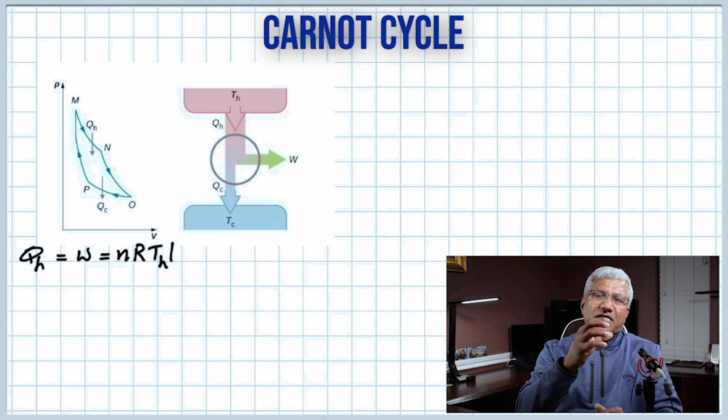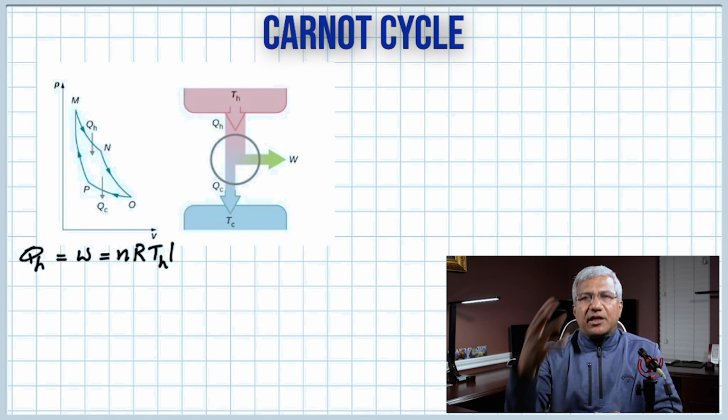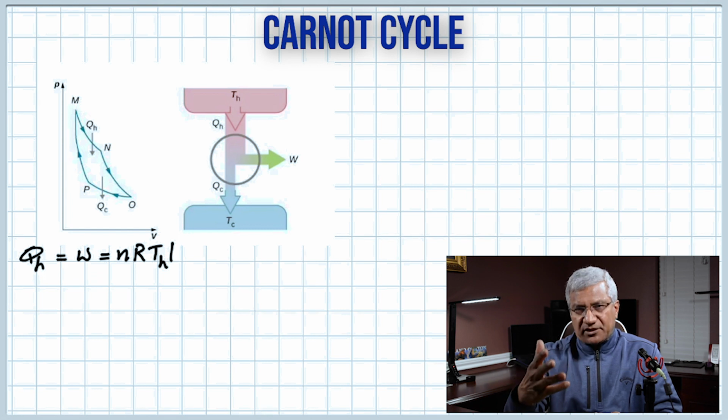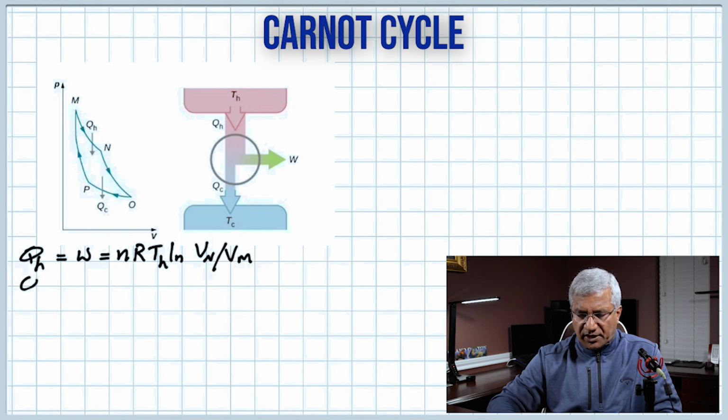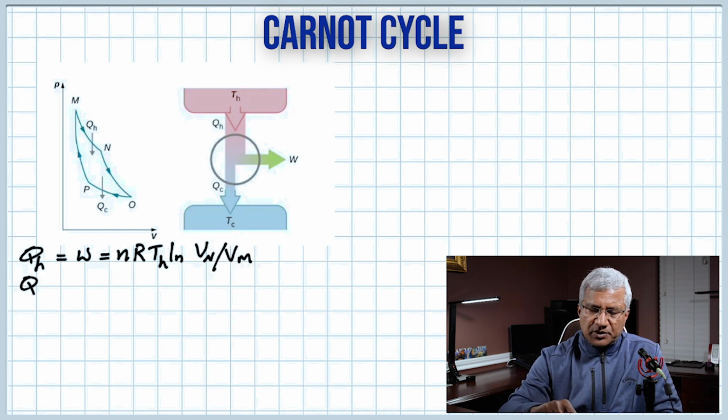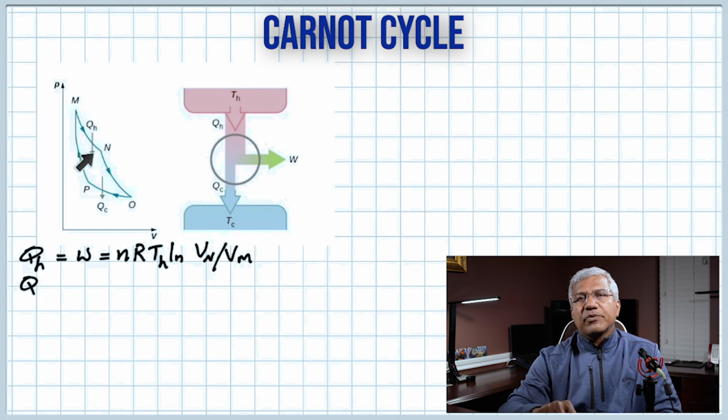That means the heat absorbed is equal to the work done by the first law of thermodynamics. That's why we have QH is equal to the work, which is nRTH natural log VN by VM. Remember that the temperature here from M to N is a constant, and it's TH.